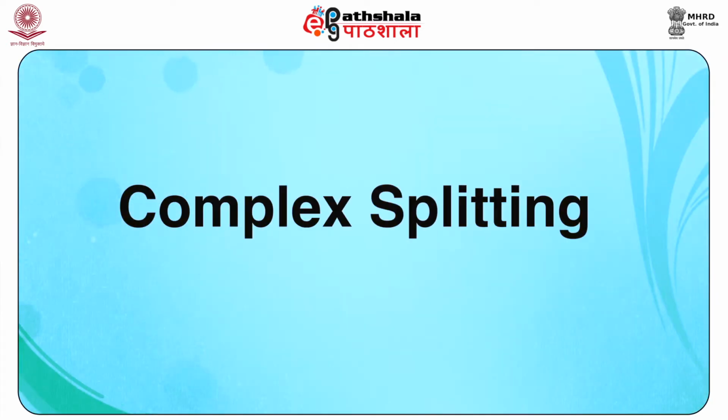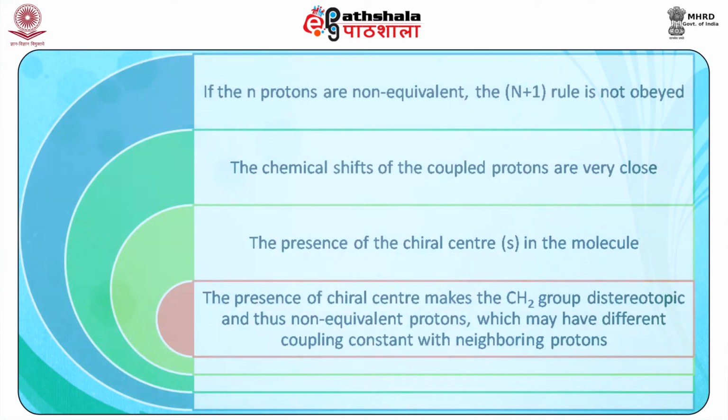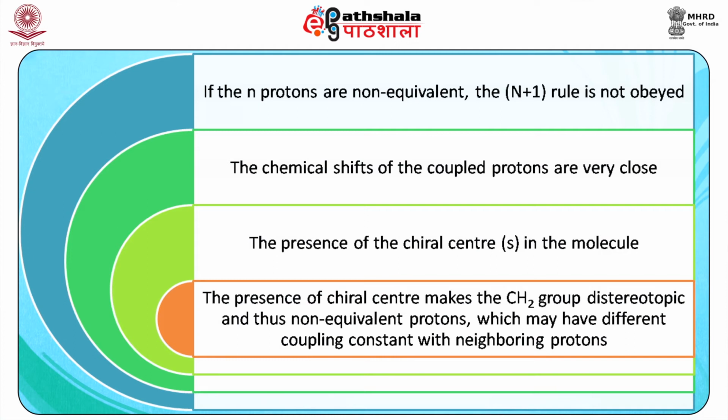Now let us move our focus to complex splitting. Students, there are various factors which may lead to the complexity of the NMR spectra. If the n protons are non-equivalent, the n+1 rule is not obeyed.